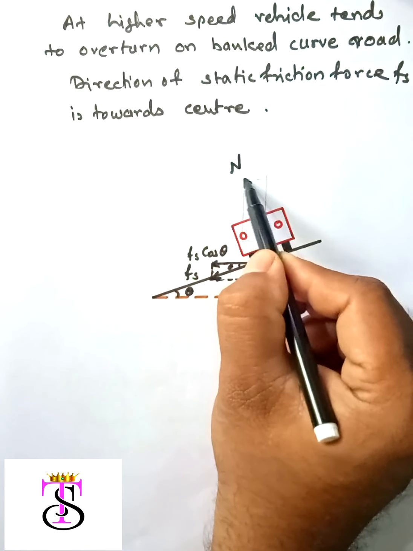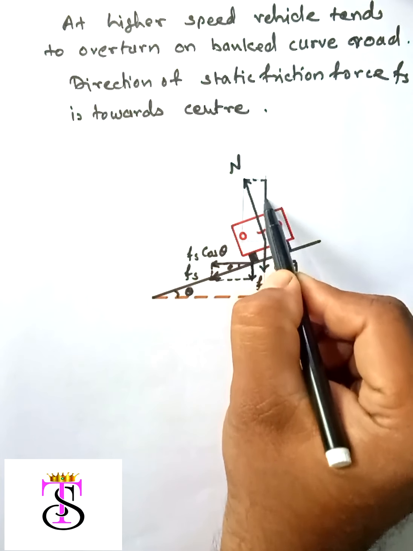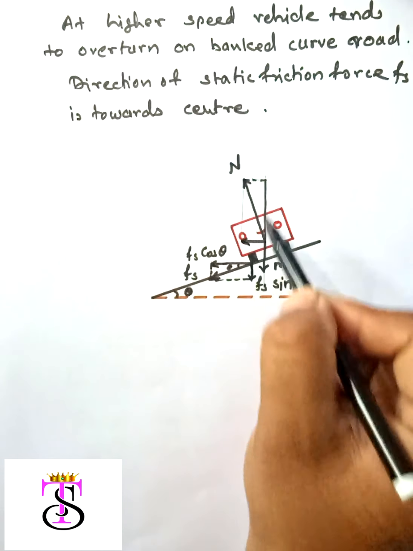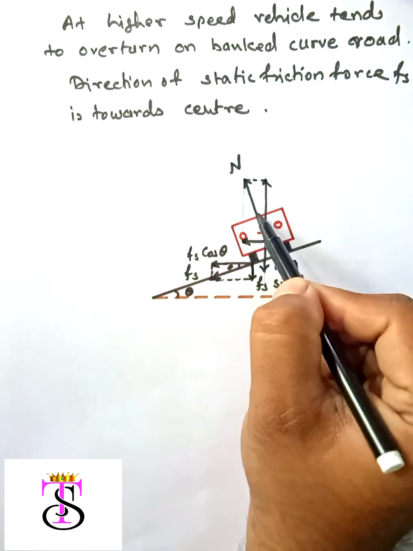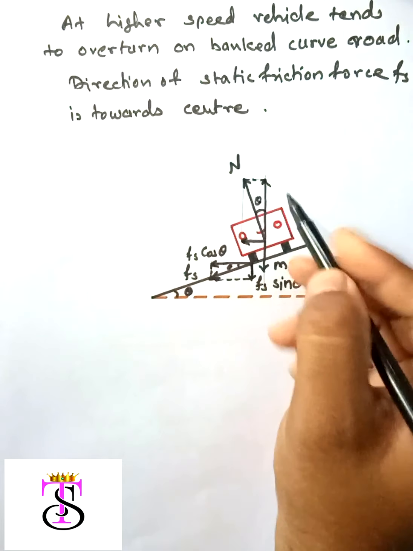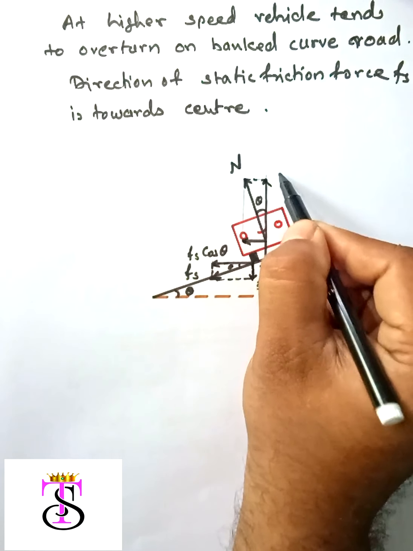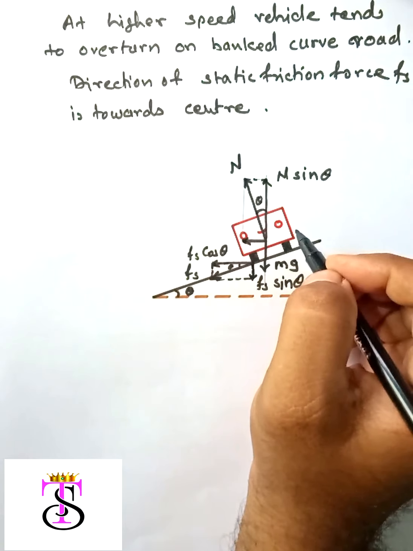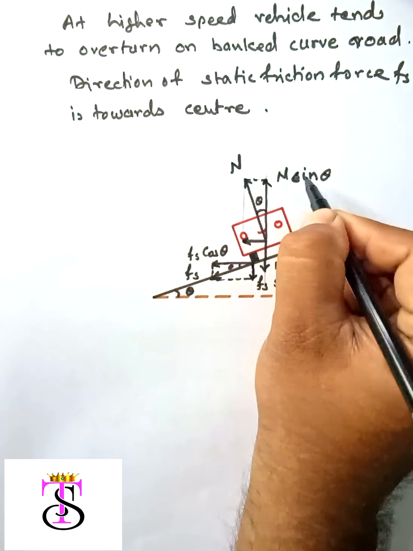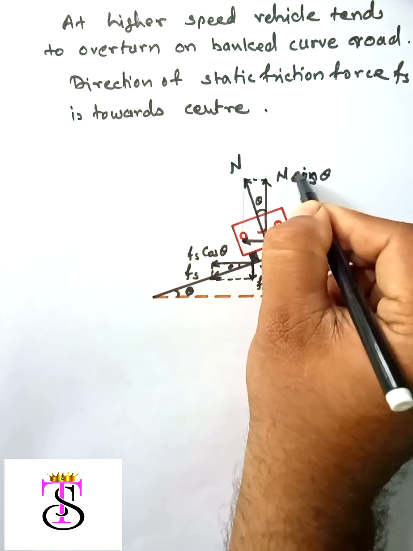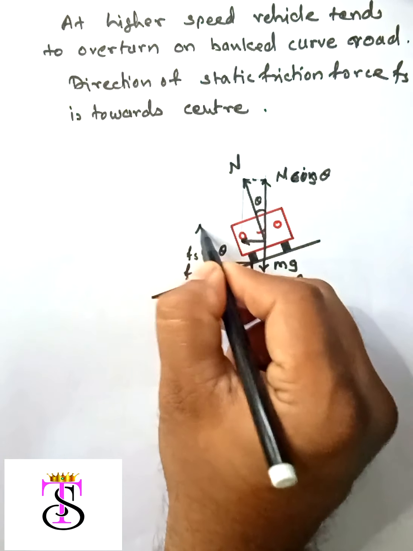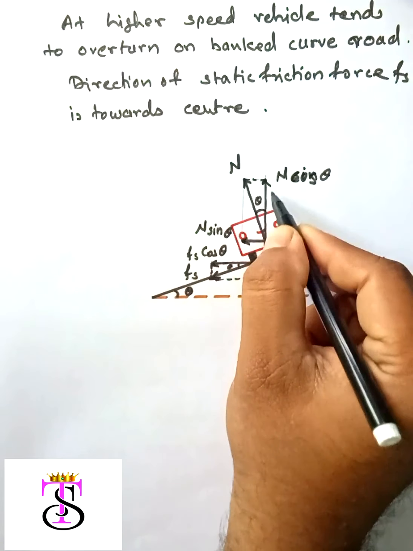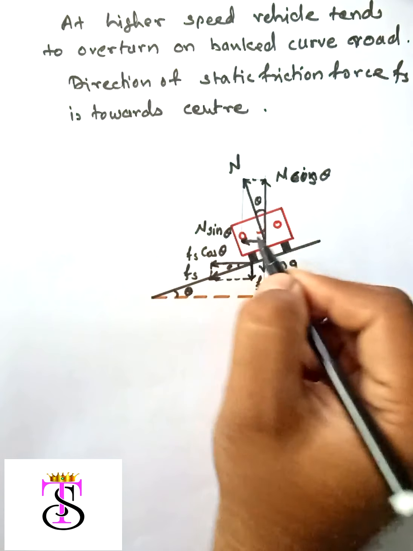The normal reaction has two components, one vertical and the other horizontal. This is the angle theta. The vertical component is, sorry, n cos theta, and the horizontal component is n sin theta.